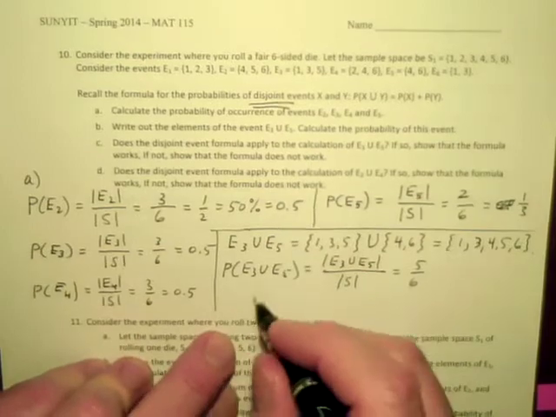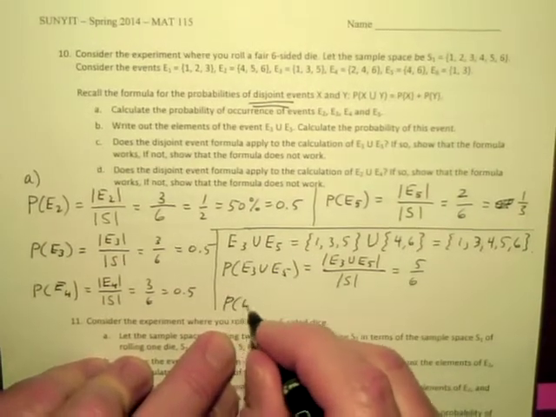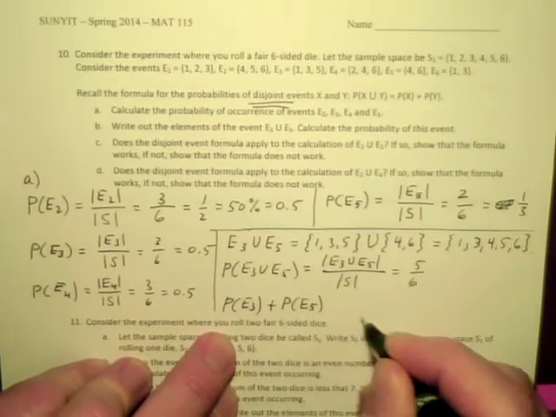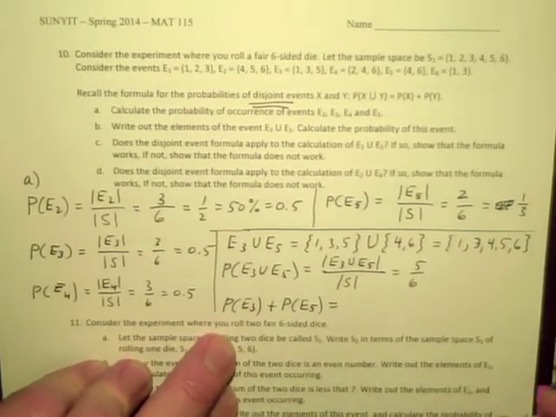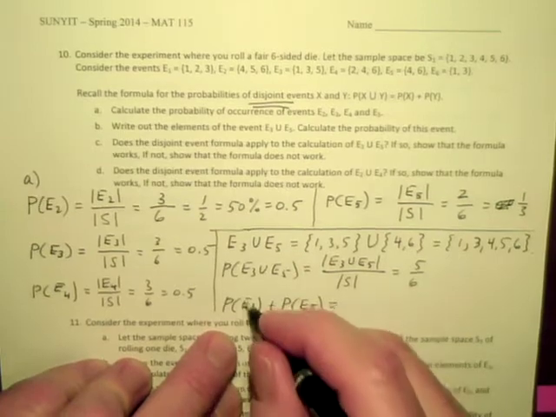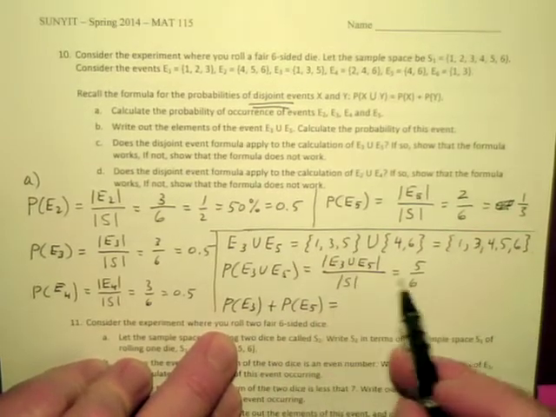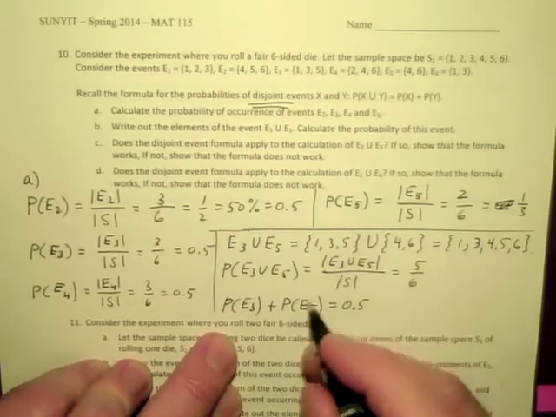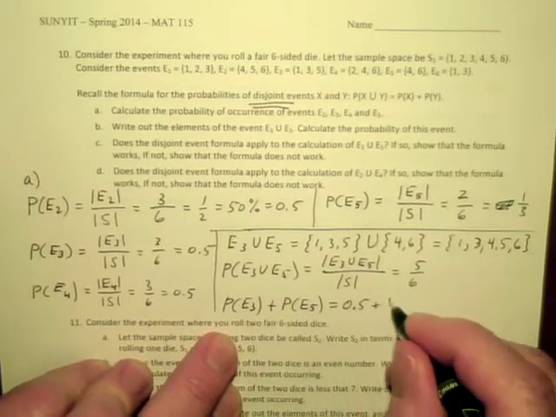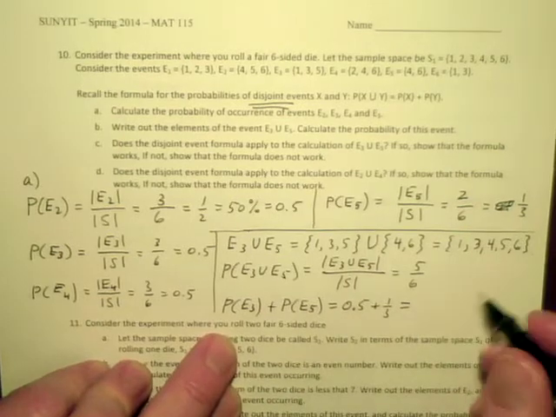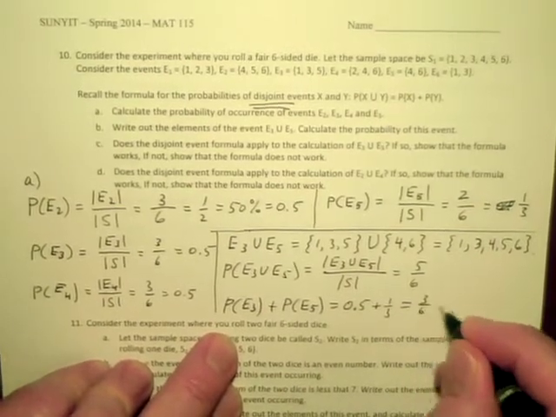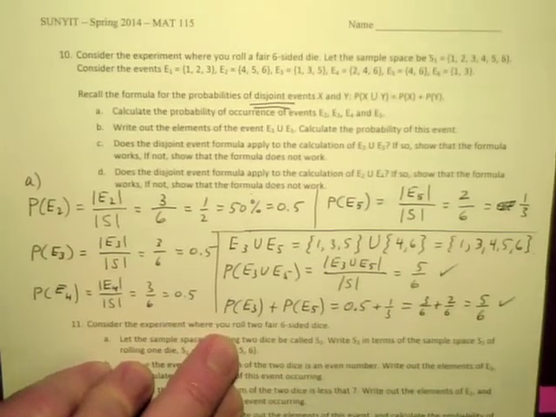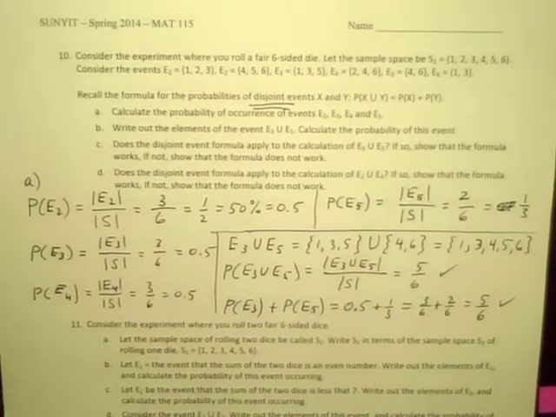And so let's take the probability of E3 and add it to the probability of E5, and I'll bet we get 5/6, which we arrived at by actually taking the union and then calculating. Probability of E3 is 0.5. Probability of E5 is 1/3. So 1/2 plus 1/3 is 3/6 plus 2/6, which is 5/6. So the formula does work in that case.